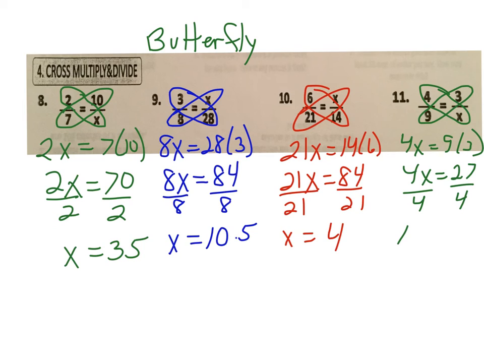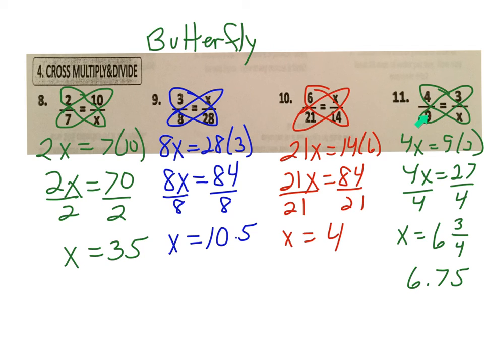So x equals, and this comes out to, just like an improper fraction, 27 divided by 4, you could treat it just like an improper fraction, and you will get 6 with a remainder of 3. So 6 3/4, which is the same as 6.75 or 6 3/4.